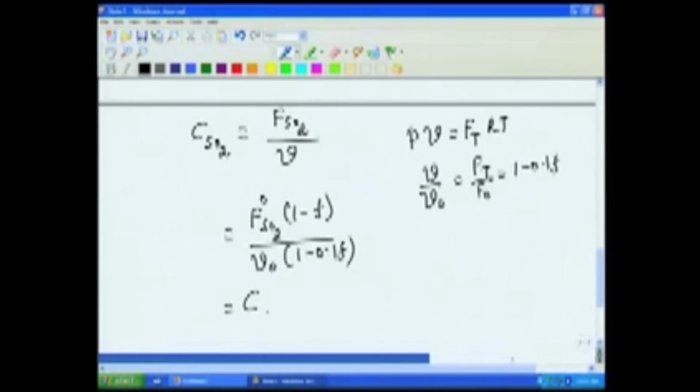So, this is nothing but concentration of SO2 at the inlet.